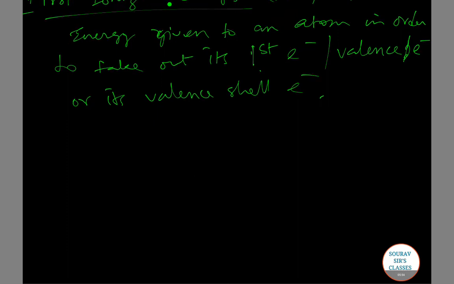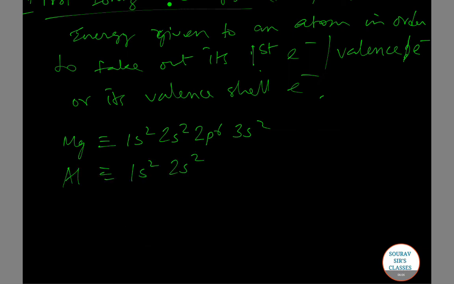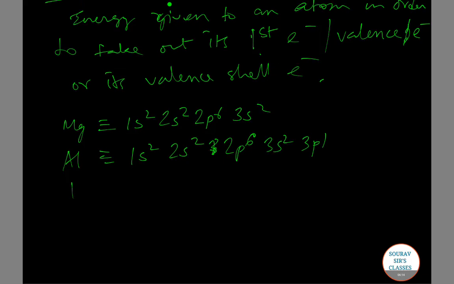Referring to the electronic configuration of magnesium, we have Mg as 1s2, 2s2, 2p6, 3s2. That of aluminium is 1s2, 2s2, 2p6, 3s2, 3p1, and that of potassium will be argon 4s1.